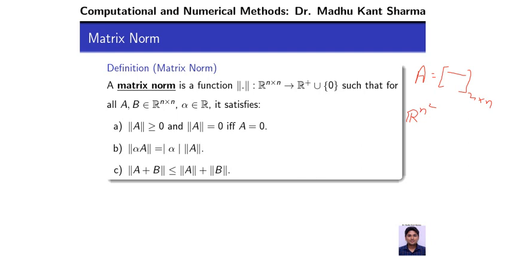How many entries are there? N square. You can also verify that this matrix space R n cross n defines a vector space with respect to matrix addition and scalar multiplication. You know how to add two matrices and how to scalar multiply a matrix. So verify.